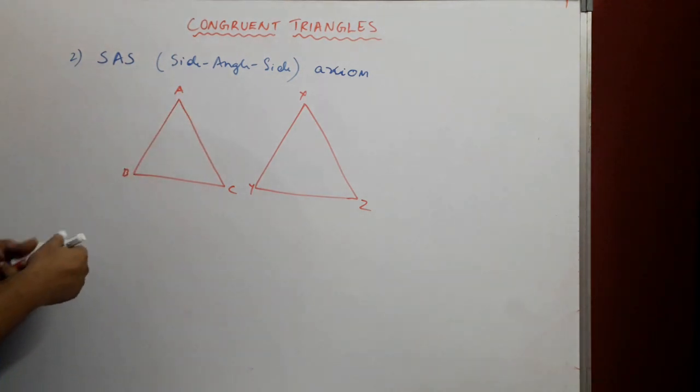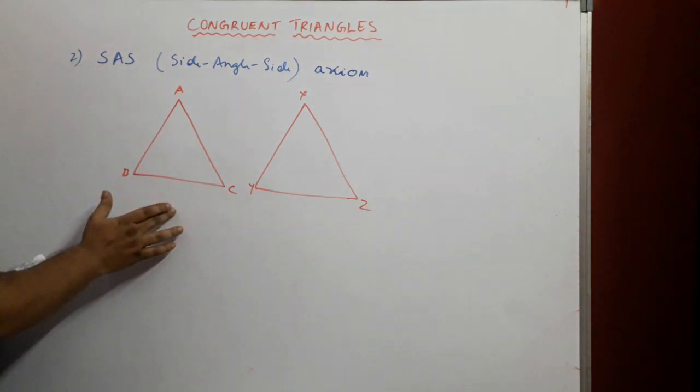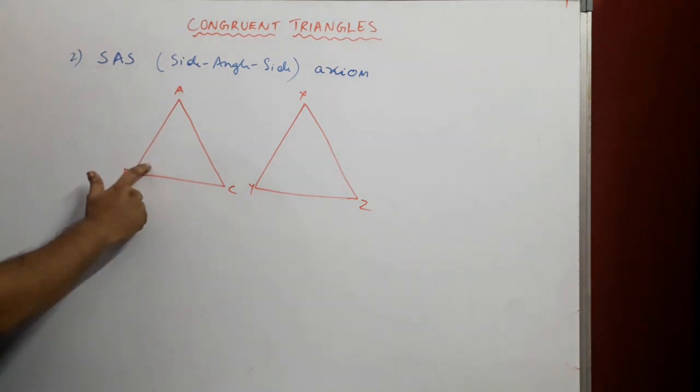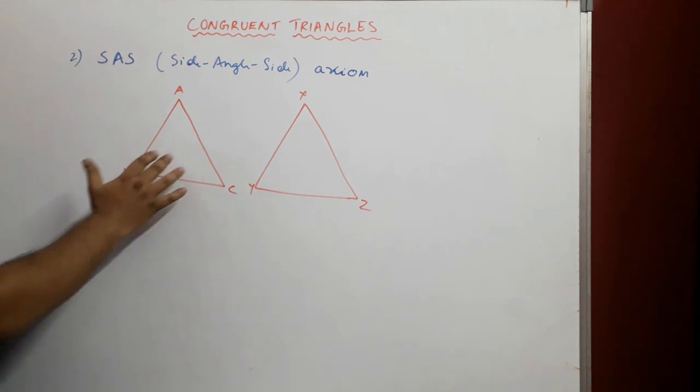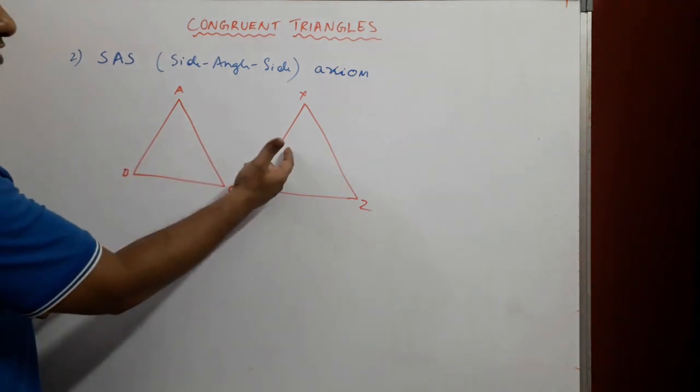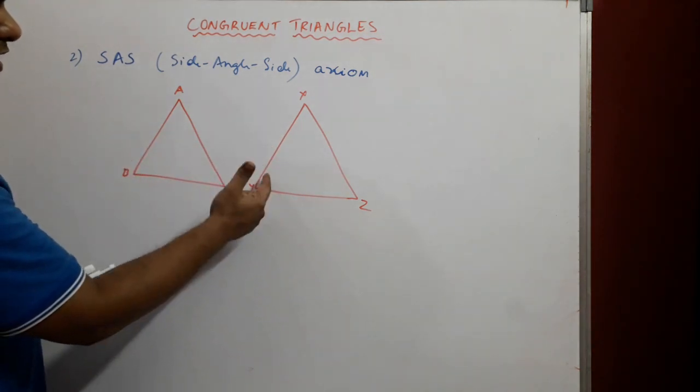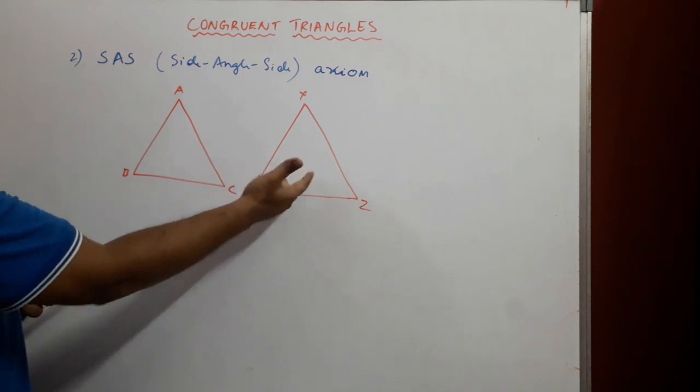what happens is there are two sides and an included angle that are equal to the corresponding two sides and included angle of the other triangle.